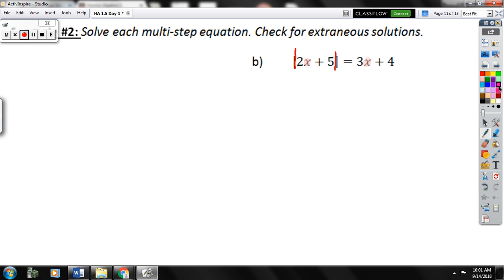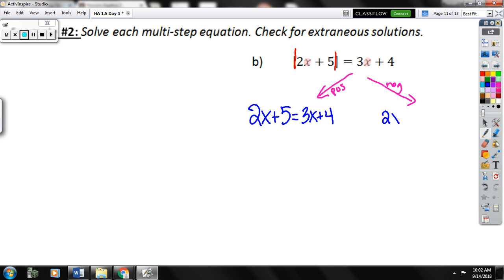You go straight to step 2, which is to set up two equations. We're going to set up a positive and a negative. Now, normally we've only had a number there, so we had a positive 15 and a negative 15. This time we're going to have 2x plus 5 equals just exactly what you have, 3x plus 4. Keep it the same. Now the negative, you actually need to negate both of them.